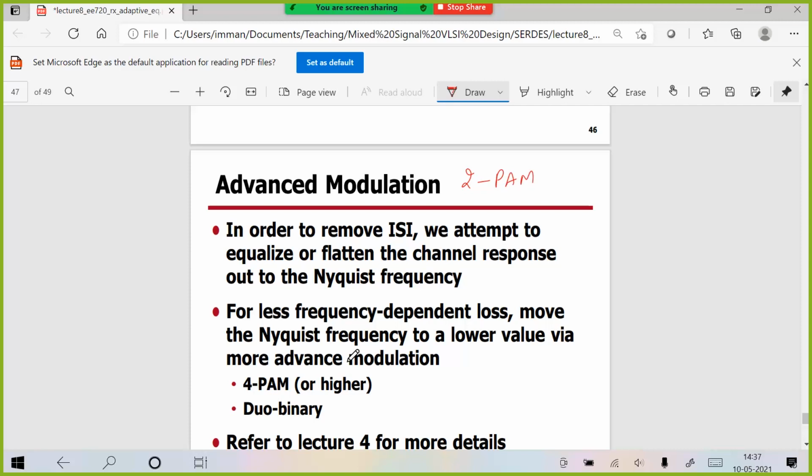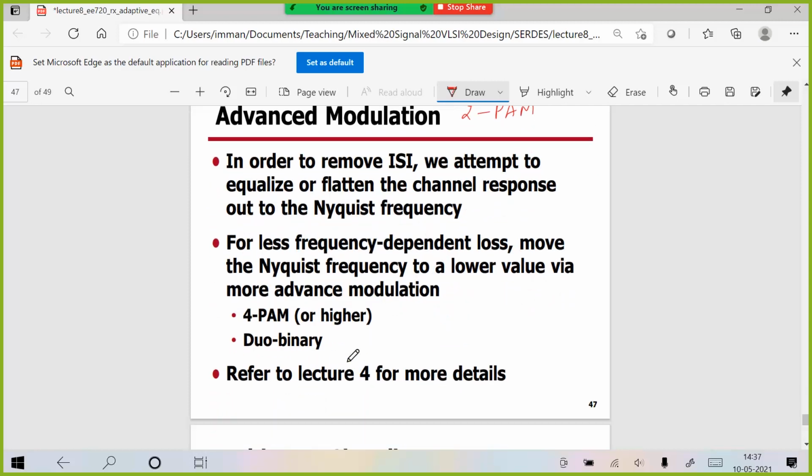All right, but can we do even better? The answer is yes, and there are other techniques. A very popular technique is to use 4 PAM. Okay, now what is 4 PAM? 4 PAM means there are 4 levels.